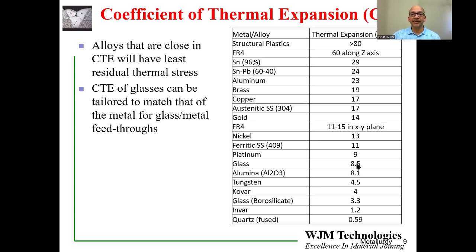Regular glass might be 8.5, borosilicate is 3.3, and fused quartz is 0.59, which is one of the lowest in structural materials. So whenever you have an assembly with dissimilar materials in a welding, bonding, soldering or brazing situation, you have to consider the residual stresses in the weld.